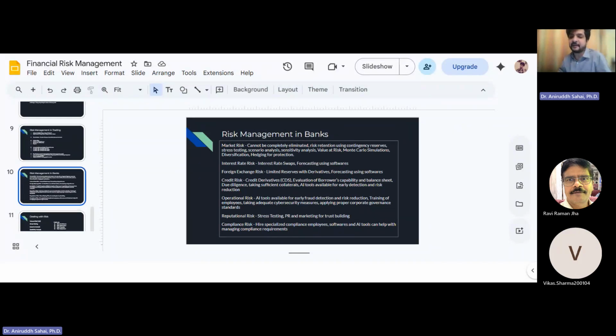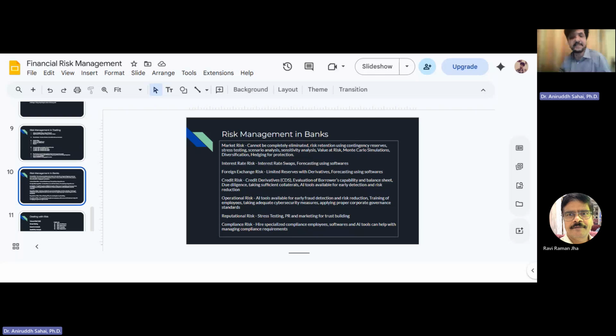Borrowers' proper repayment capability needs to be checked. Their CIBIL scores and credit ratings need to be analyzed. Their balance sheets have to be looked at carefully, the job of accountants, and ultimately, then the loan should be given to the qualified borrowers. AI tools can help with early detection of patterns and preparing accordingly.